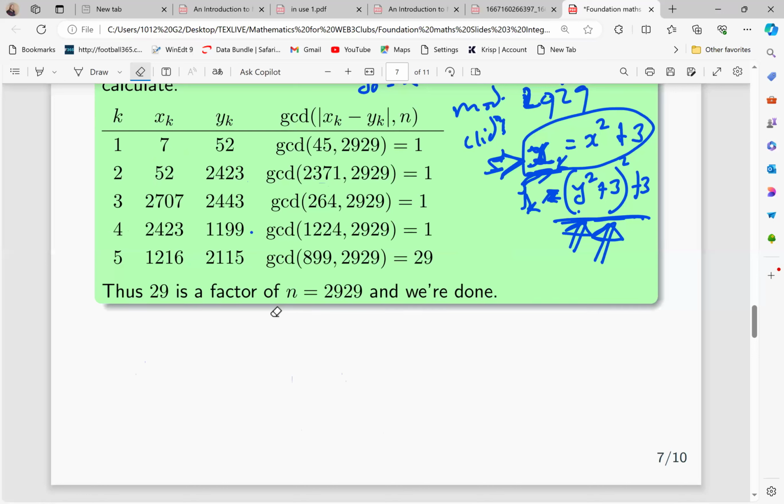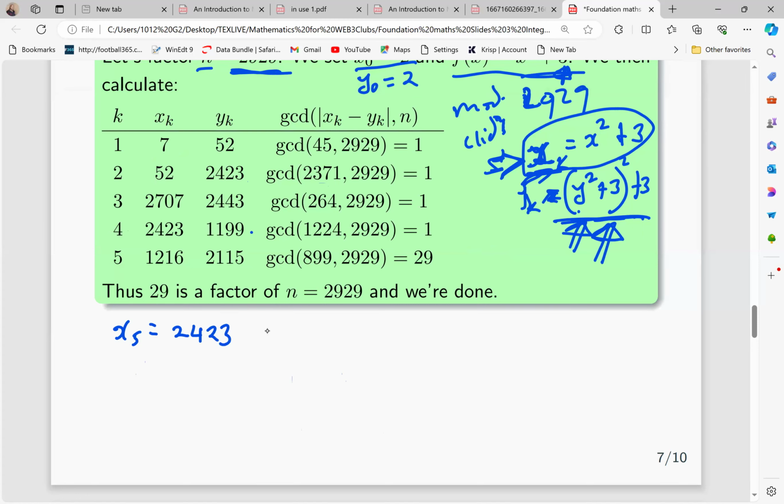Now, so x5. What is x4? 3. And reduce the result mod 2929, since it will be bigger than that. When doing that, you get 16.